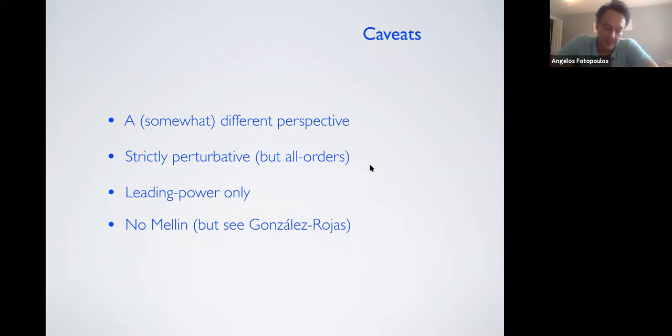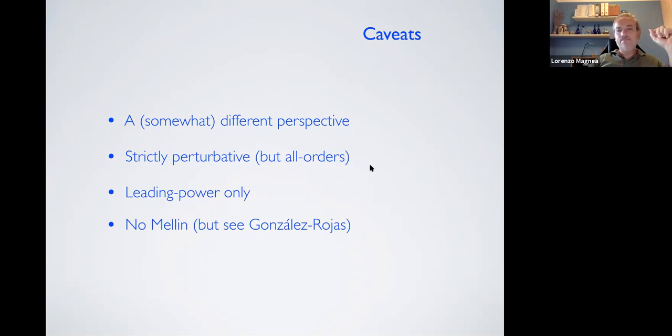What I do for a living is studying infrared divergences, having in mind collider applications, and in that community the interest is always whether some new techniques can be developed to enable the high order calculations that are needed there. That's my background, which also means there is a lot of stuff that you guys know very well, and I really don't. A second caveat is that what I will say is just perturbative.